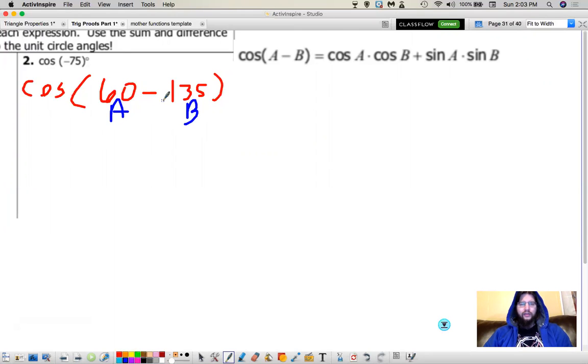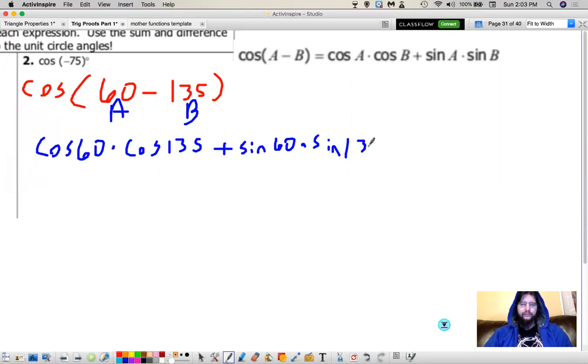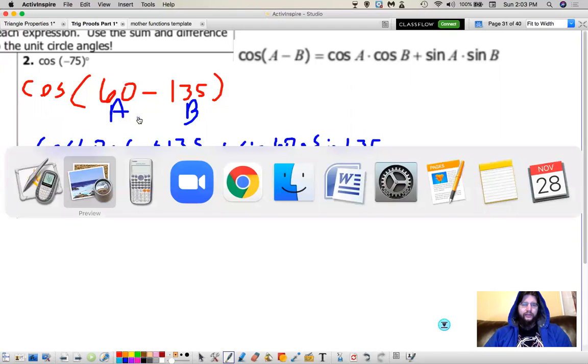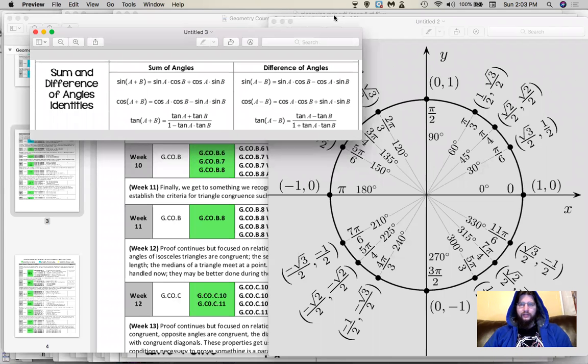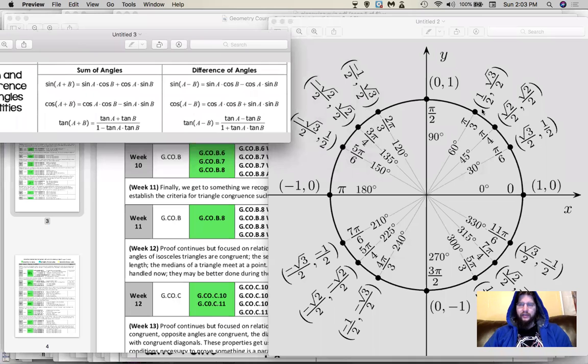We don't need negative 135. That minus sign's taking care of that for us. So it's 60 and 135. So that's going to be cosine of 60 times cosine of 135 plus sine of 60 times sine of 135. So then we grab our unit circle and look up these values. So for 60, cosine is a half.